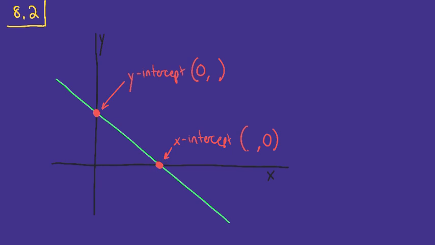But for the x-intercept, the y is always 0. And for the y-intercept, the x is always 0. So a little bit of background. Not exactly what you'll be doing, but it's important to know. For the y-intercept, x is 0, and for the x-intercept, y is 0.